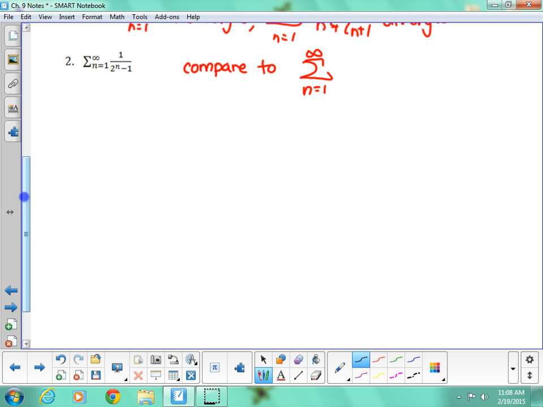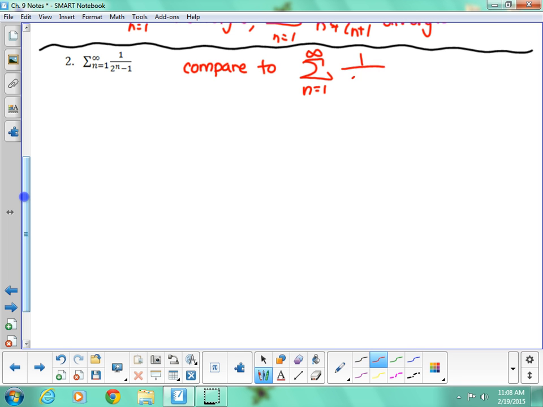On the page this is going to look messy, so I'm separating the top problem from the bottom problem. What do we know about 1 over 2 to the n? It converges because of geometric, and r is equal to 1/2.